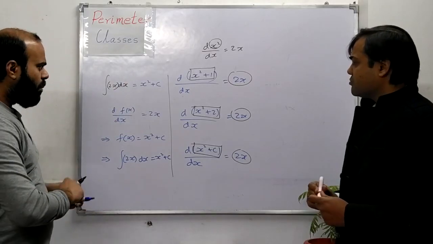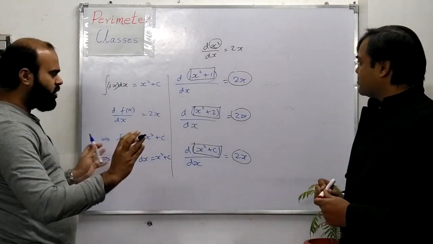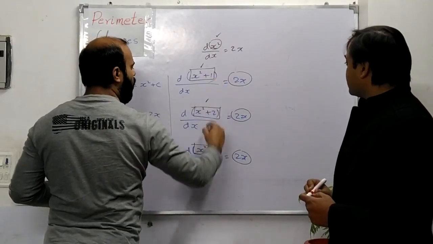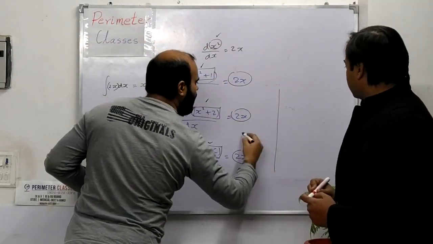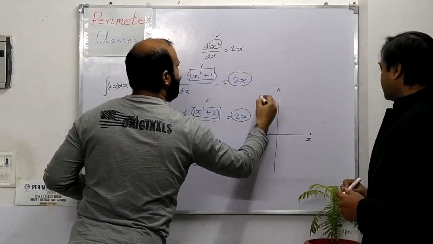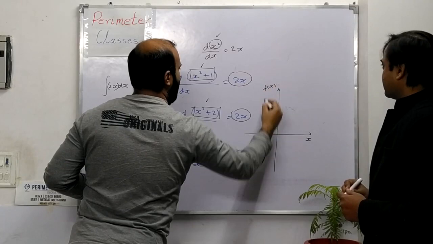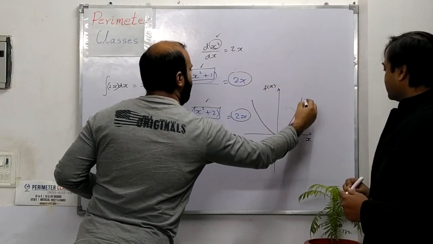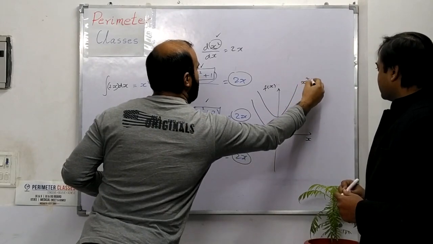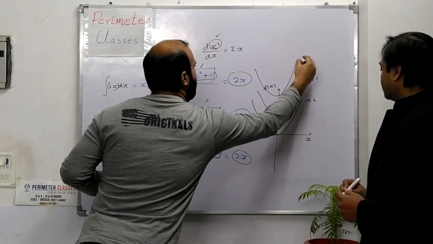Now mathematically it is not very difficult, let us draw all of this. We take the graph of x square. Here this is x, and here there is a function f(x). So I am drawing the x square graph, then the x square plus 1 graph, then the x square plus 2 graph.